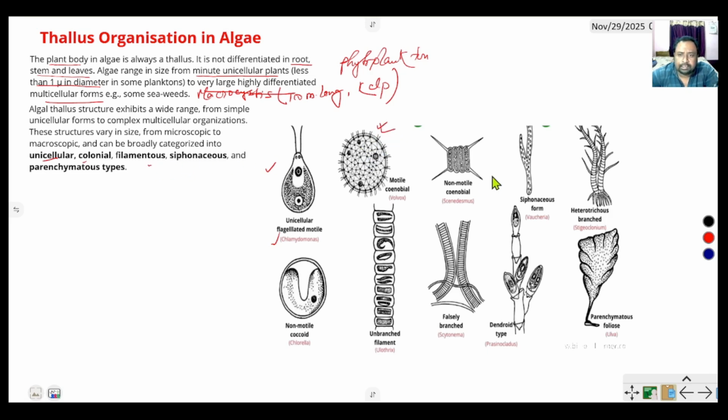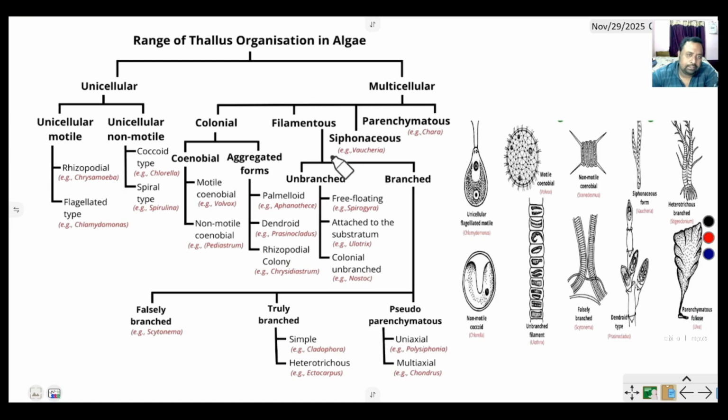Filamentous form, such as Ulothrix, is an example. Siphonaceous form, a siphon-like structure, is found in Vaucheria, and parenchymatous type is found in Ulva. This is the parenchymatous type.